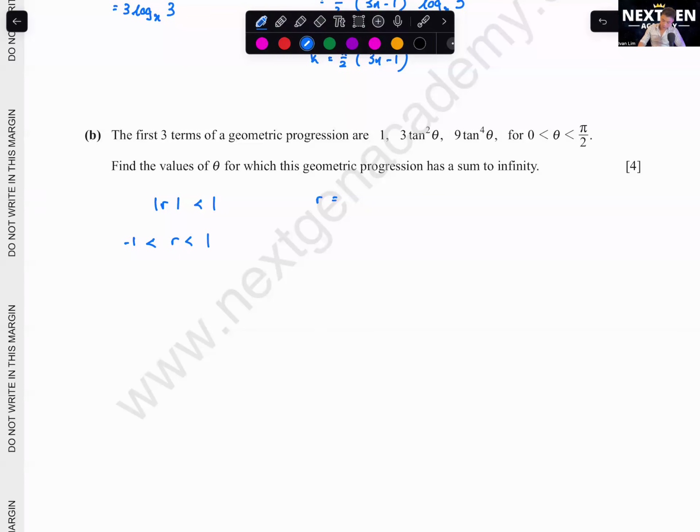For r, we take the second term divided by the first term, which is 3 tan squared theta over 1, which is 3 tan squared theta. We're going to solve for this: 3 tan squared theta between minus 1 and 1. We have to know this: can we solve tan squared theta from here for minus 1? Is there such a thing or not?